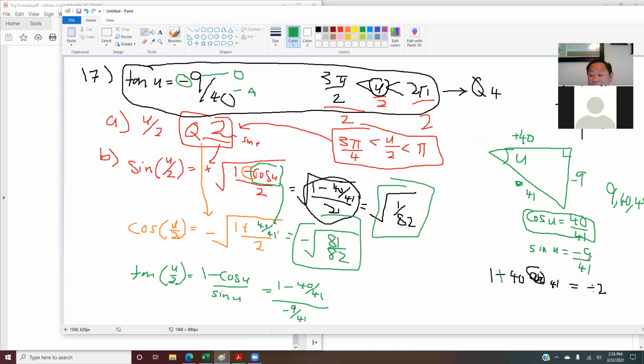This is the sine u that we have. Again, try this using your calculator, Anika. You do 1 minus 40 ABC 41, put an equal sign, and then divide by negative 9 ABC 41, because the over is ABC.